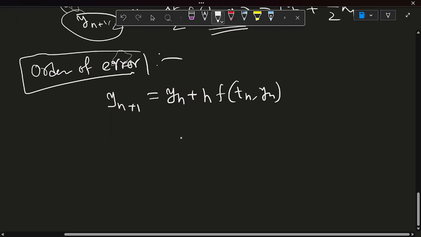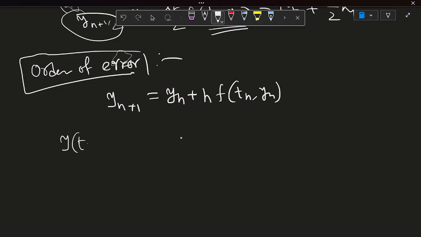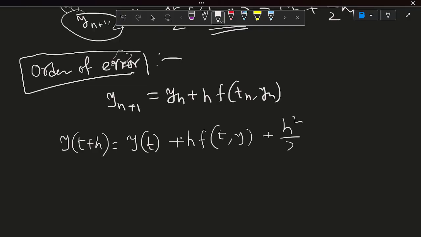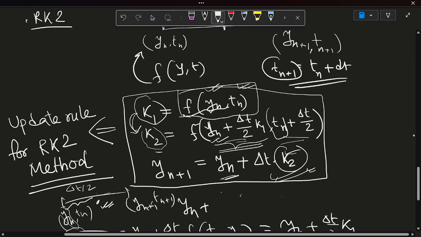If you do the Taylor series expansion, then y(t plus h), how do we generally write it? From Taylor series expansion we write y(t plus h) equals f at t, y, then we have h square by 2 factorial, and here we have the first derivative of f at t, y. We want to find the lowest order of error.